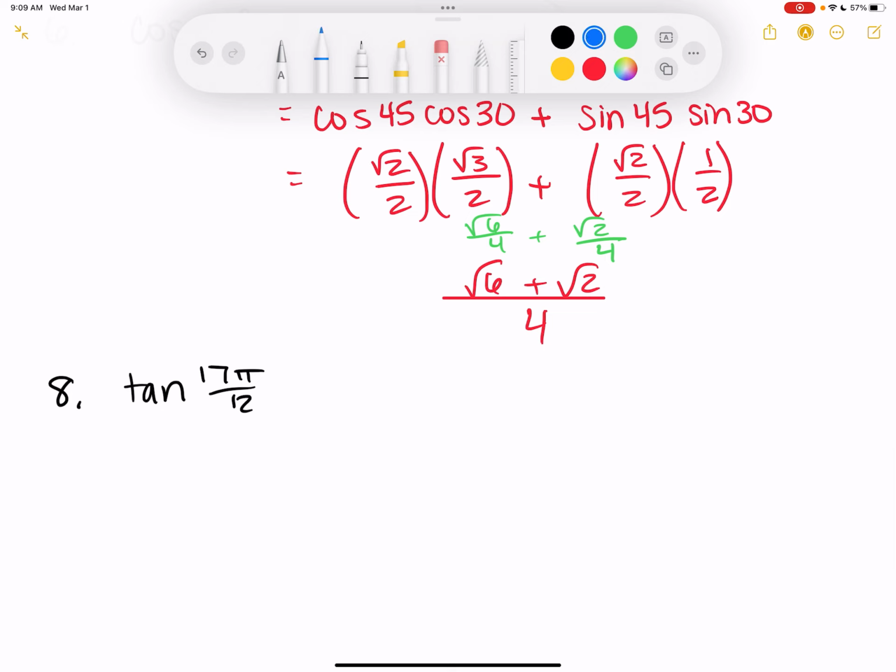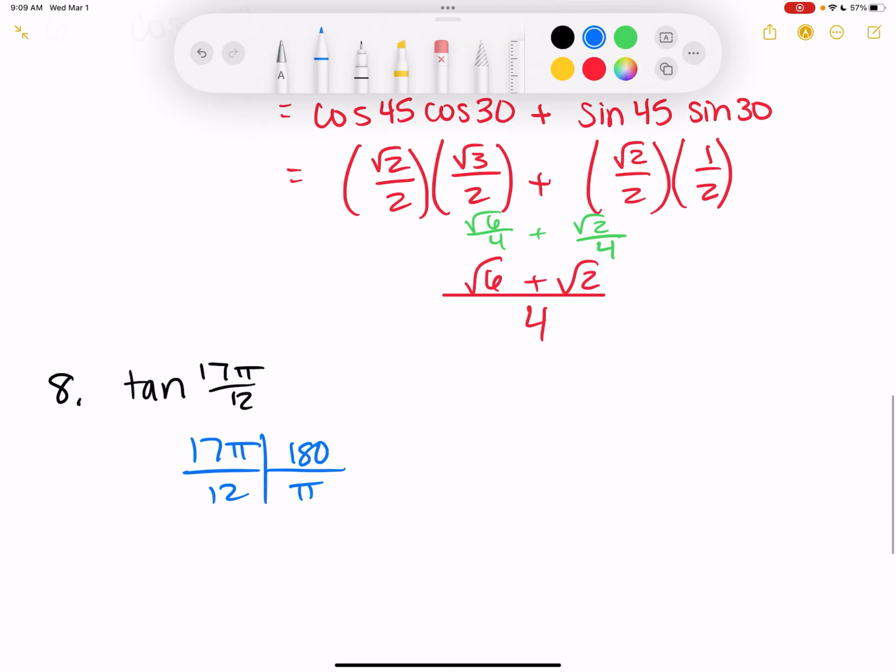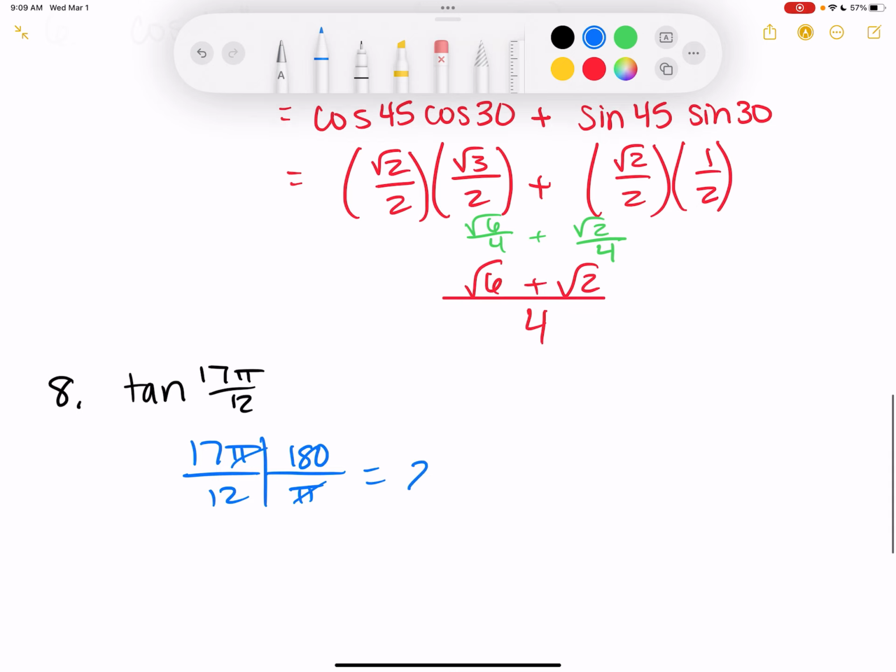So 17 pi over 12 times 180 over pi. And just to save the calculation, that's 255.